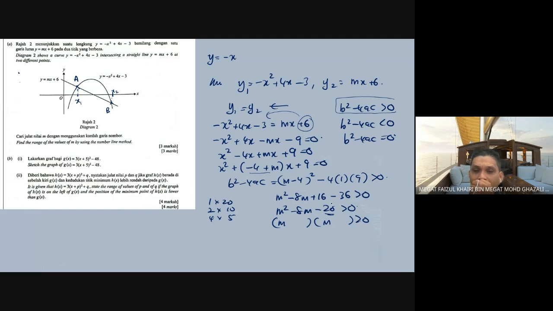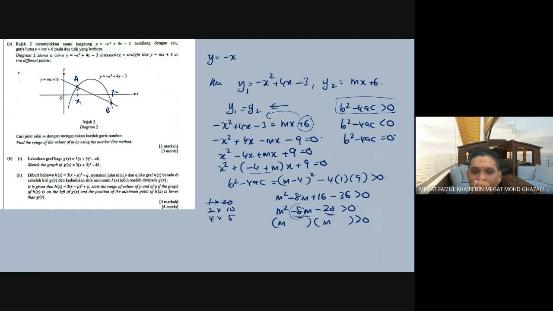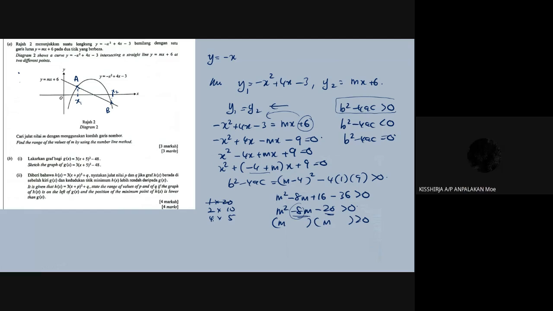And then this is for the sum and product of roots. Sum of roots or difference, here we have negative 8. Is it possible to get negative 8 between 1 and 20? No. Okay, 4 and 5?